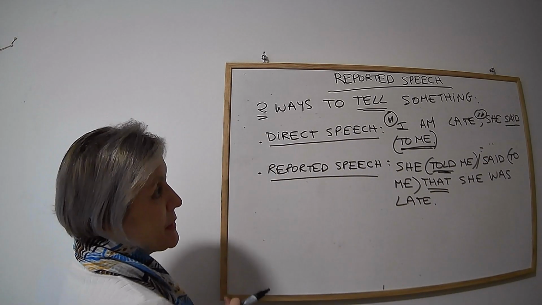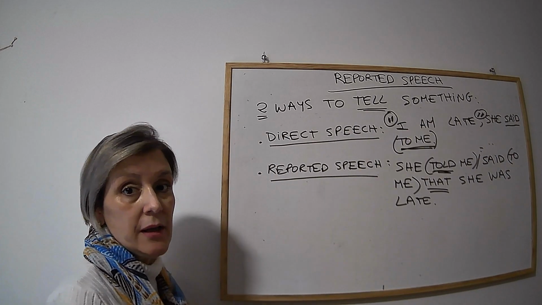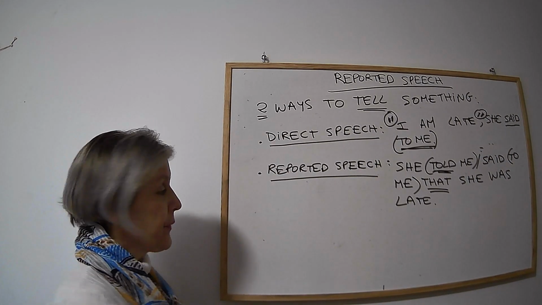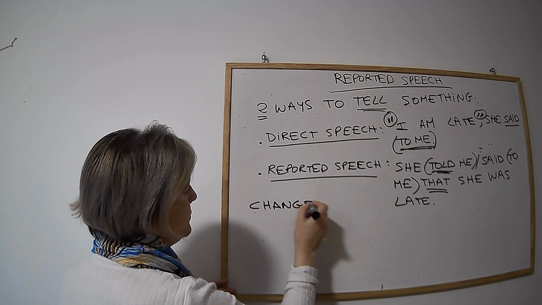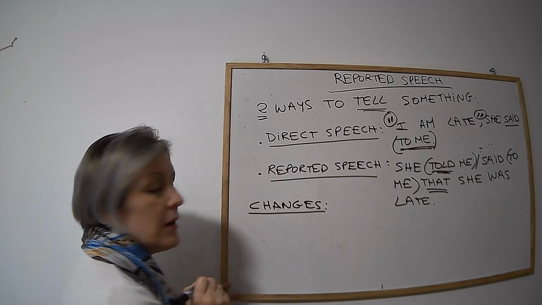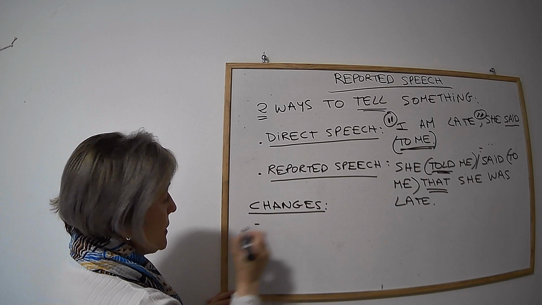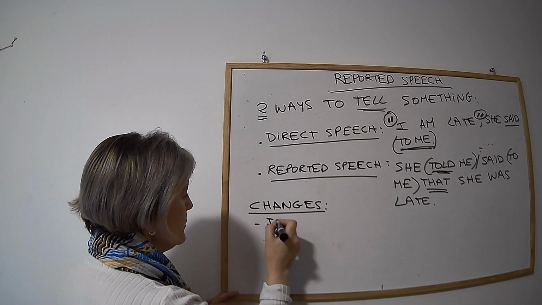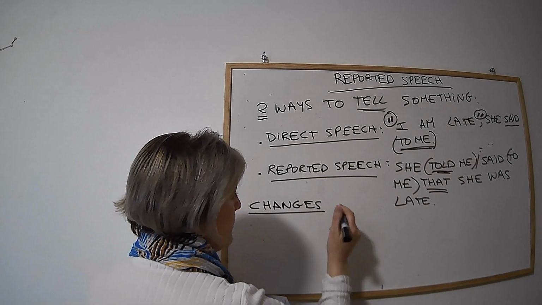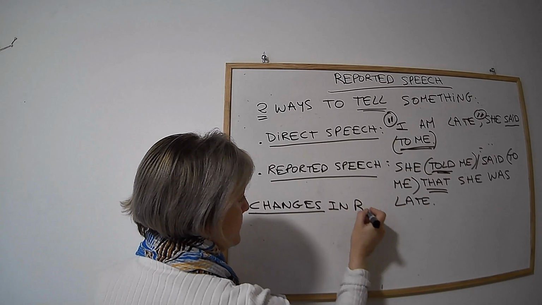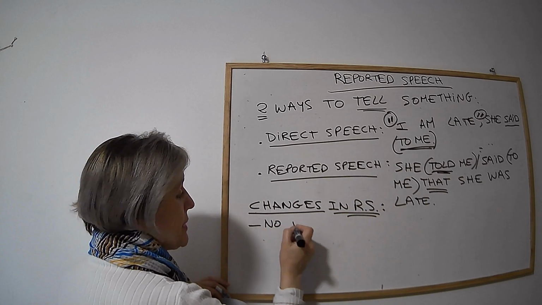First change, inverted commas. So the main changes are, as we said, no inverted commas in reported speech. Another change is the verb of the direct speech.